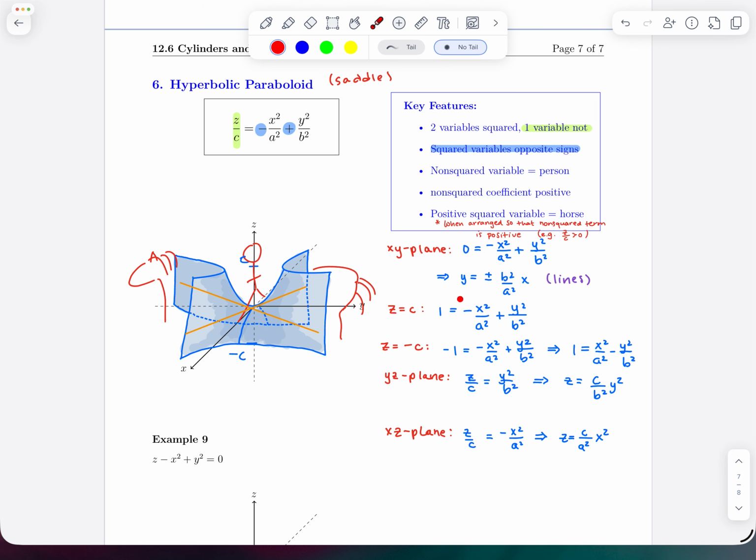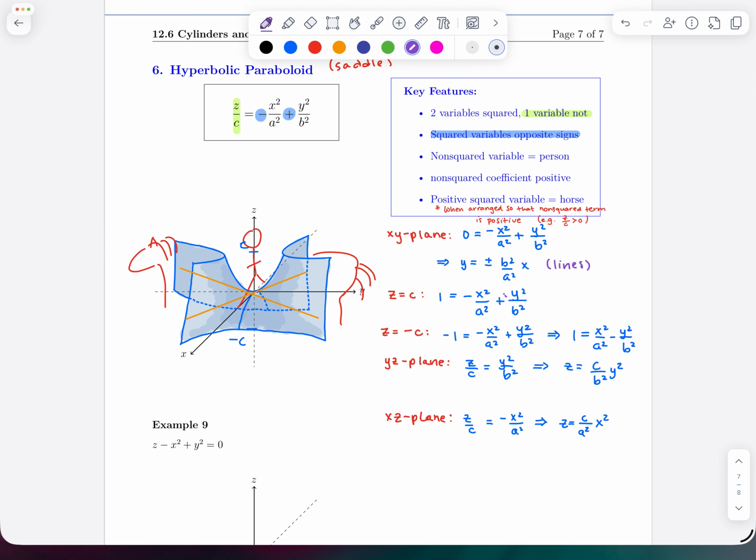When I look at z equals c, if I look at what actually happens with the algebra, when I plug in c for z, this left-hand term becomes 1. And then I'm just left with a standard equation of a hyperbola, and because y is positive, this is opening in the y direction.